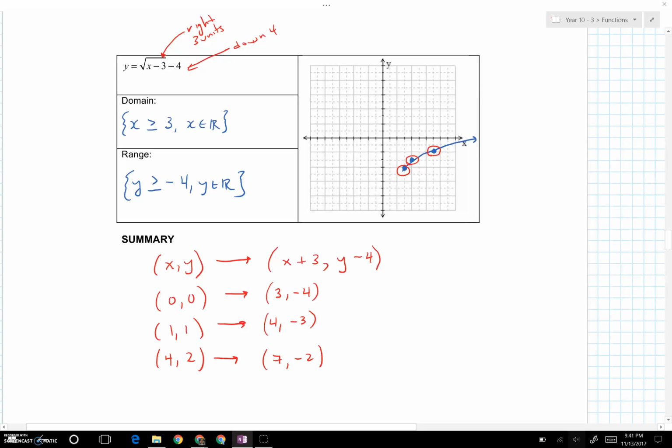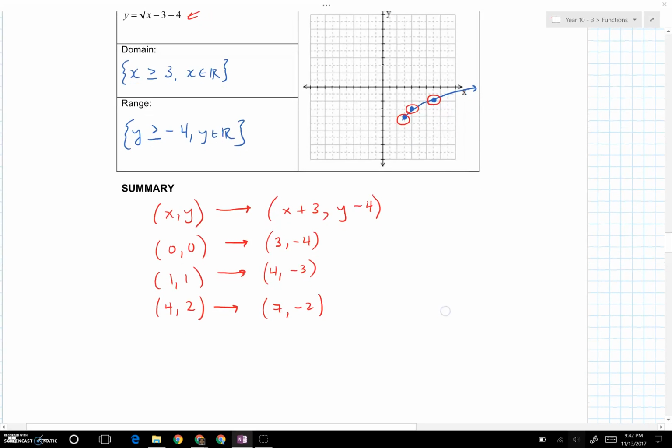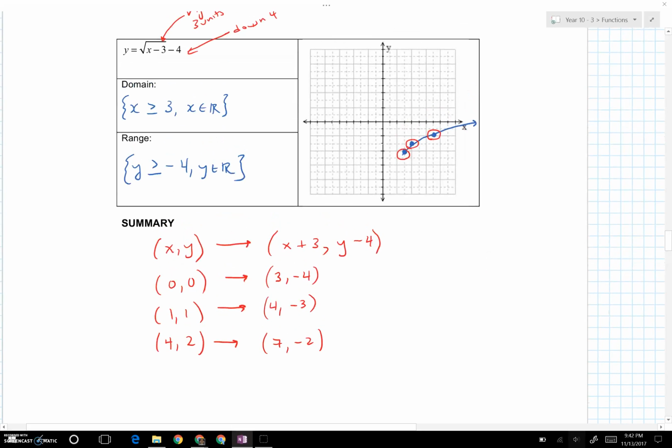So I'd like you to take a minute and write yourself a summary about what it is that we just did and how each of those values inside the square root function perform. So if I want to take a moment and refresh everything I just did and take now my parent function of the square root function and apply to it the transformations I just did, here is my lovely point notation.